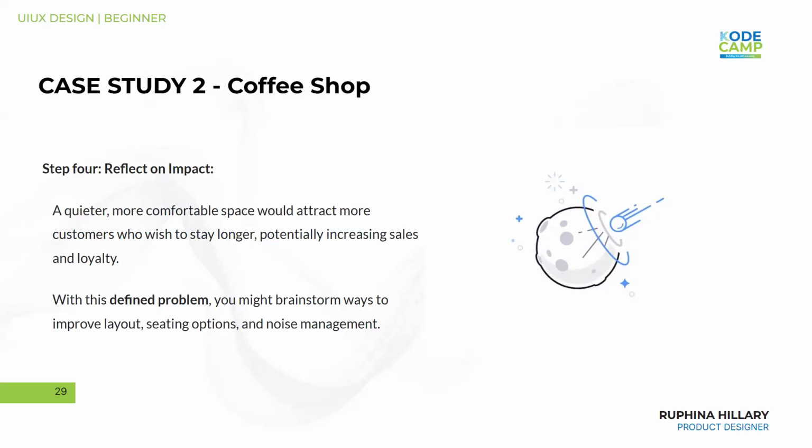What about the noise problem? You can think of different ways to go about that. There could be a sanction. You let your customers know that from these hours to these hours, no noise. Padding the walls, that's also money and resources, Desmond. So just as in reflect on impact, we have decided we want to solve the noise and the seating problem.